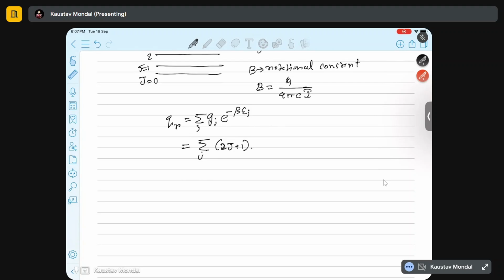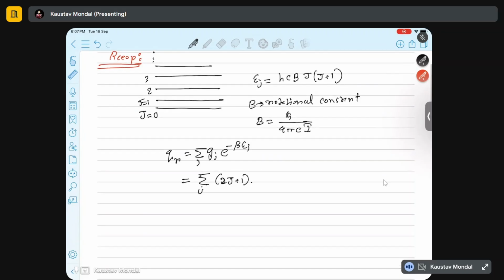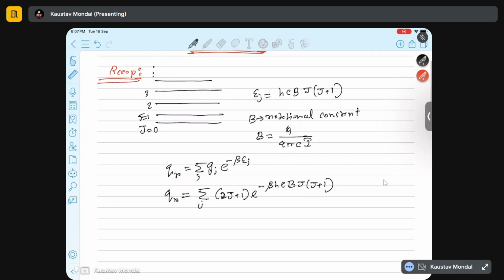And the energy Ej is already given, that is hcB into j plus 1. So e to the power minus beta Ej should be e to the power minus beta hcB j into j plus 1. This is the rotational partition function.